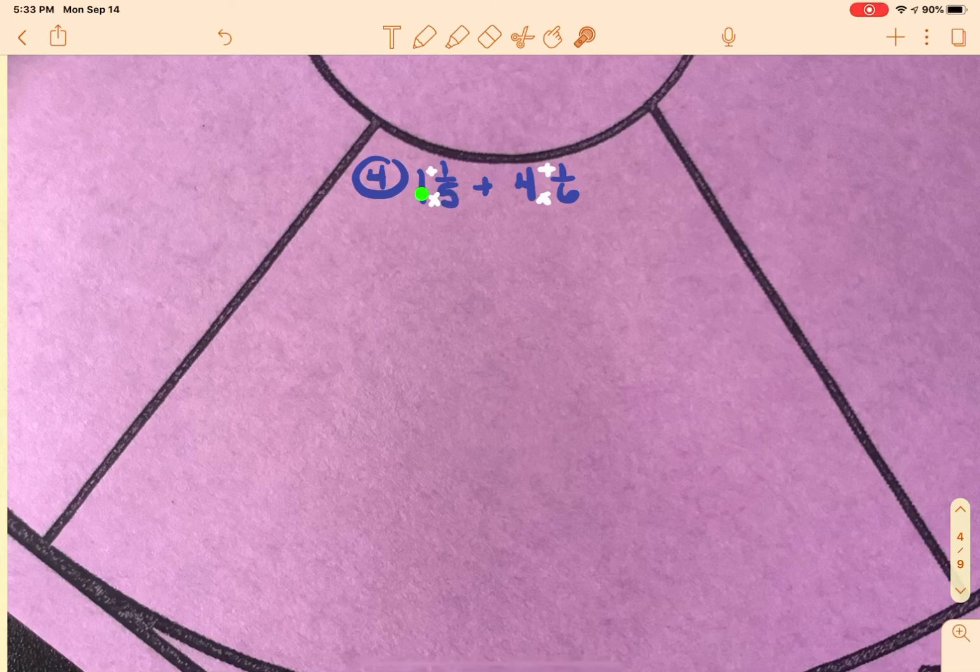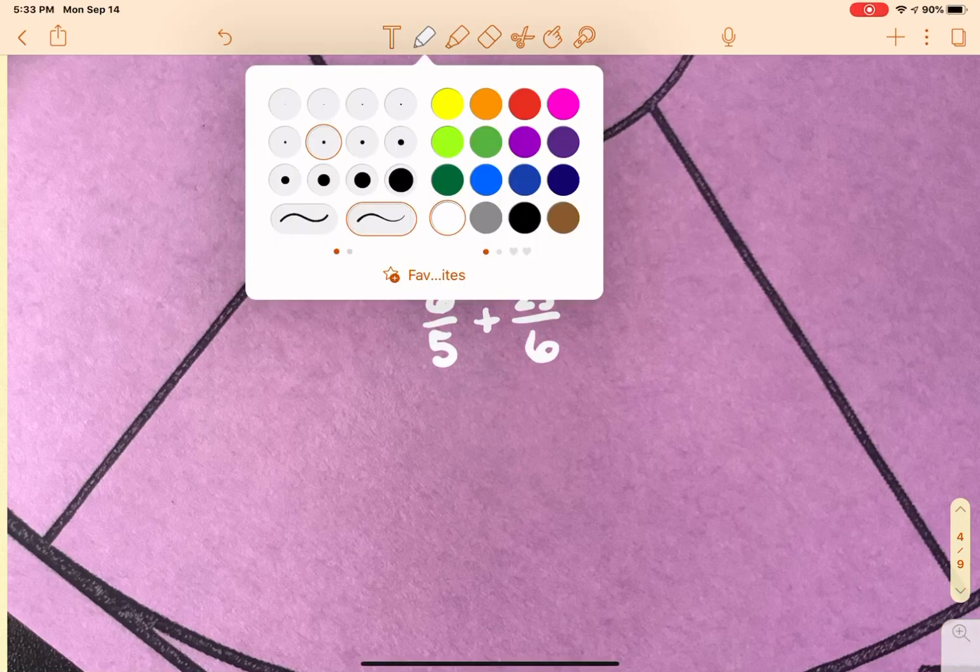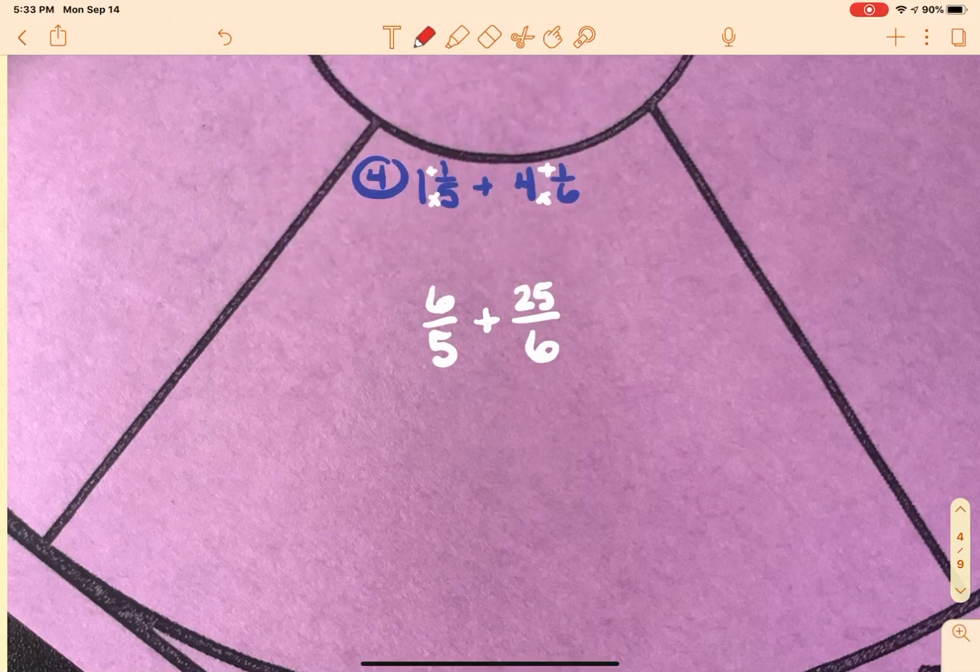So 5 times 1 is 5, plus the 1 on top would be 6. So 6 over 5. 6 times 4 is 24, plus 1 is 25. Now, once that's set up, we're going to go ahead and do our butterfly.